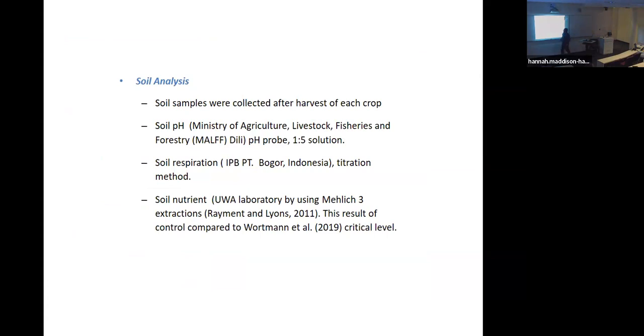And the soil respiration was done in Indonesia, at IPB Bogor, Bogor Agricultural University, Indonesia, using the titration method. While the soil nutrients were tested at the University of Western Australia using Mehlich-3 extraction, as stated by Raymond and Leon et al.